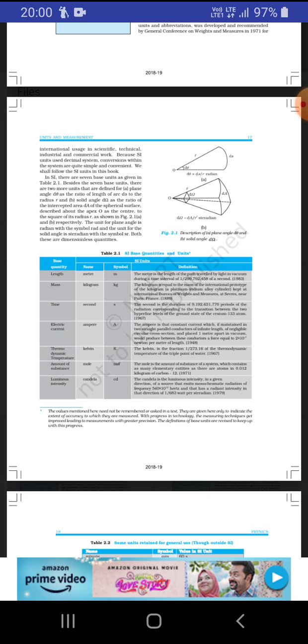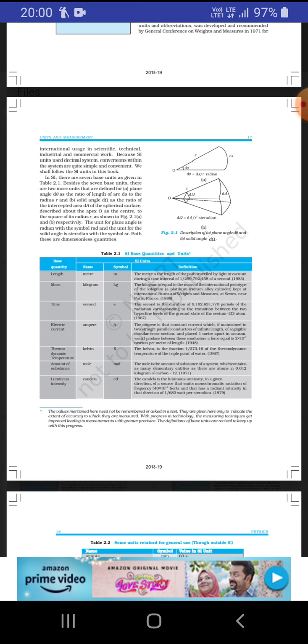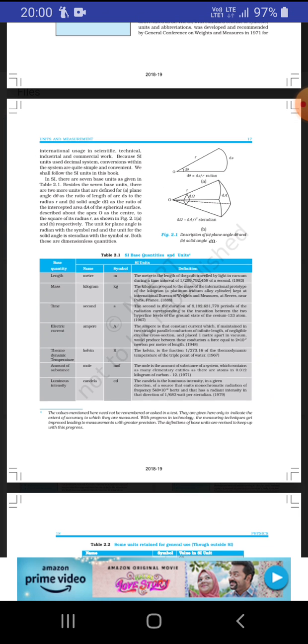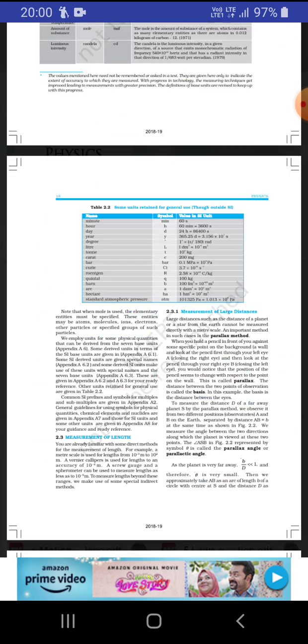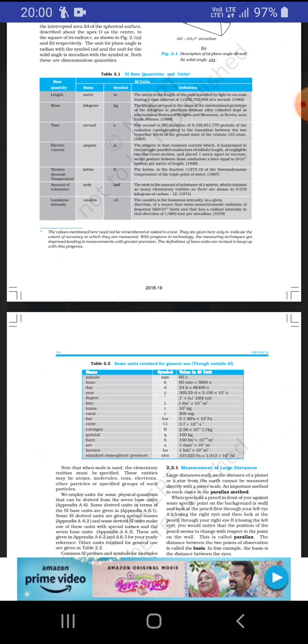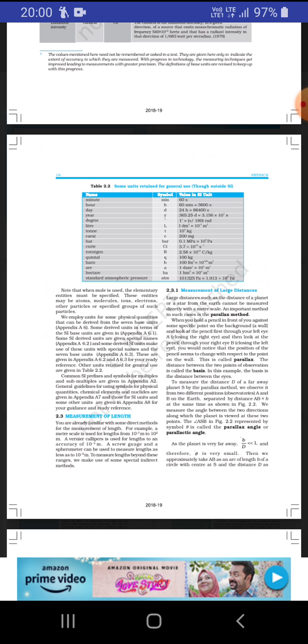Length is measured by meter, mass by kilogram, time by second, electric current by ampere, thermodynamic temperature by Kelvin, amount of substance by mole, and luminous intensity by candela. You have to remember these for the final exams: electric current is ampere, thermodynamic temperature is Kelvin, amount of substance is mole. They may ask this in your final exam, so remember this.